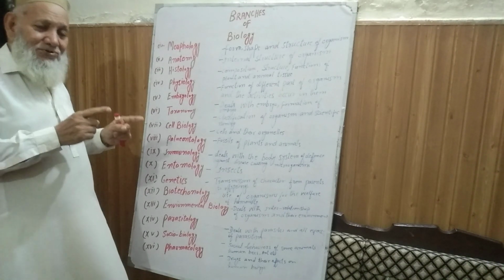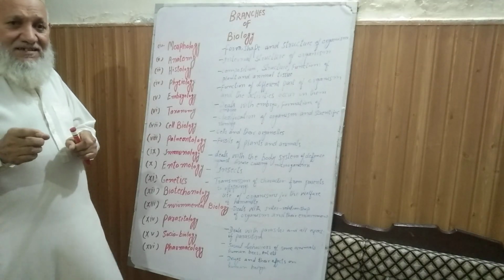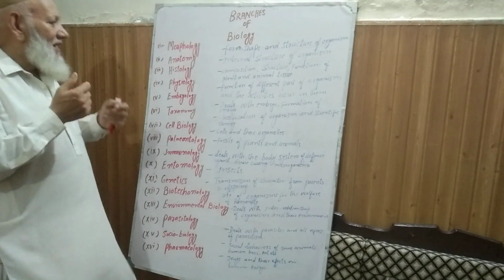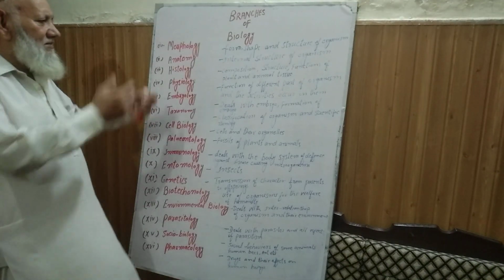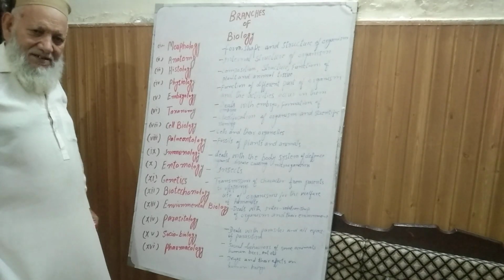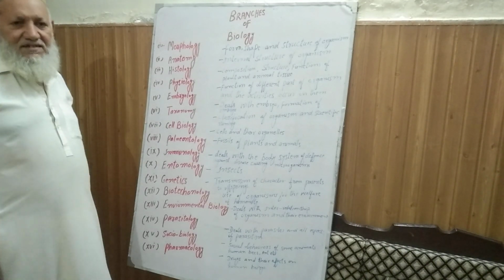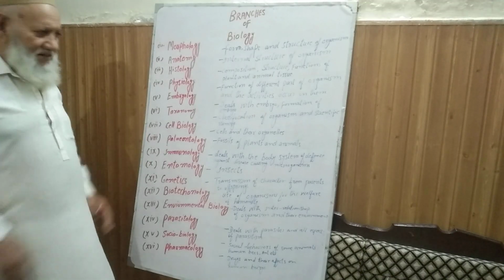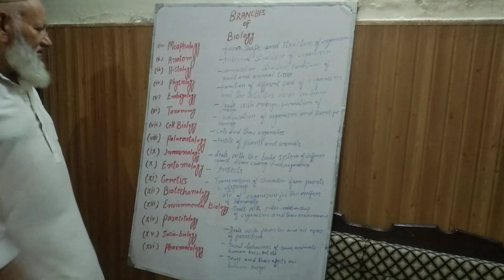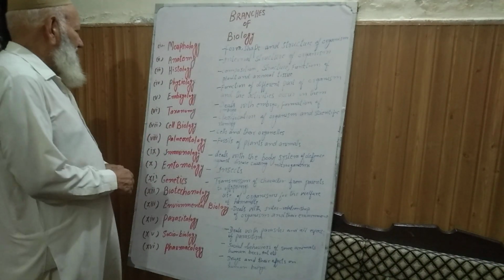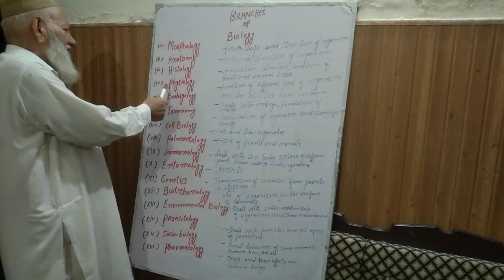There, animal tissue as well as plant tissue, when we study with the help of a microscope, sometimes we study cross-sections and sometimes vertical sections. This is called histology.